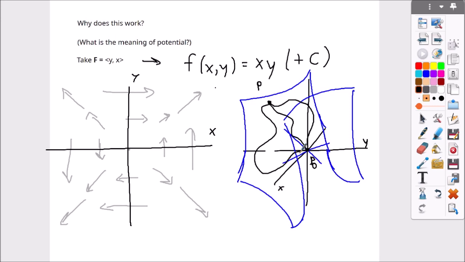And if you make a function out of it, whatever line integral you take from P0 to P, you will get the same result. And that's why you can do f of P minus f of P0 to get yourself the easier version of the line integral.